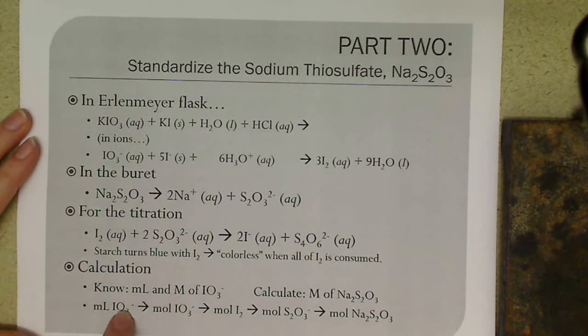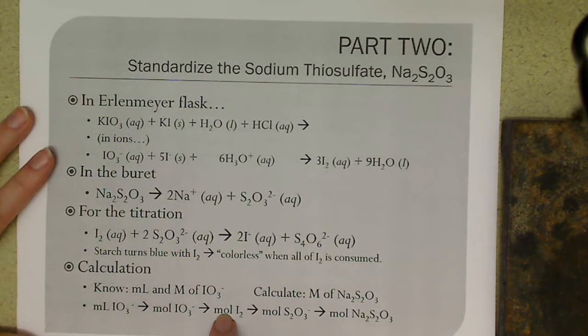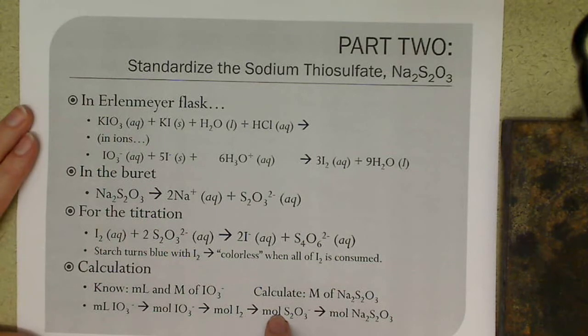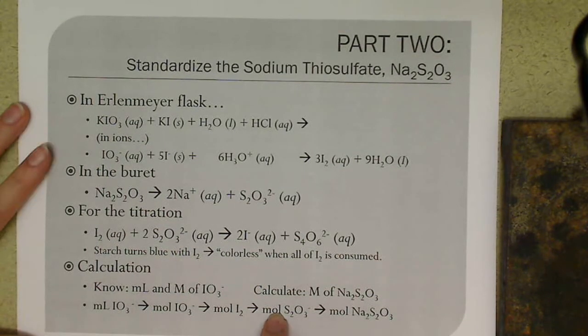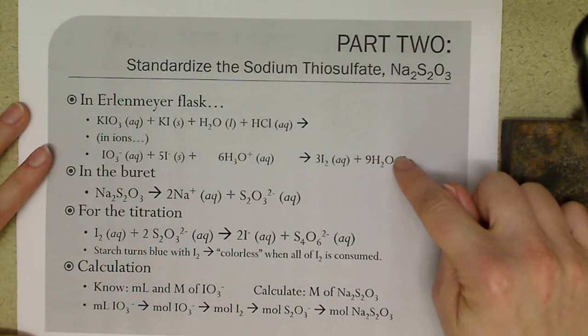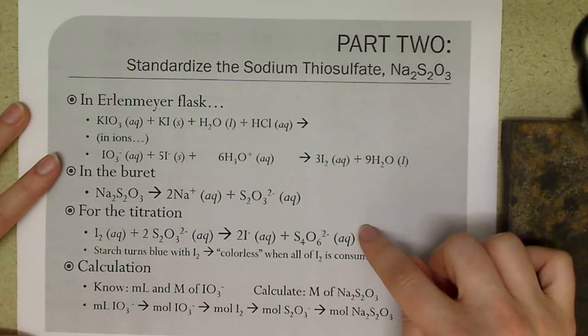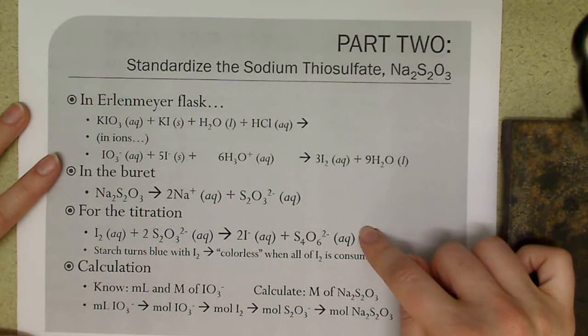So we take the milliliters of your IO3 minus, the iodate ion, convert it to moles using the molarity. Using stoichiometry, go from moles of IO3 minus to moles of I2, then from moles of I2 to moles of S2O3 minus. So we're using this balanced equation here and this balanced equation here.